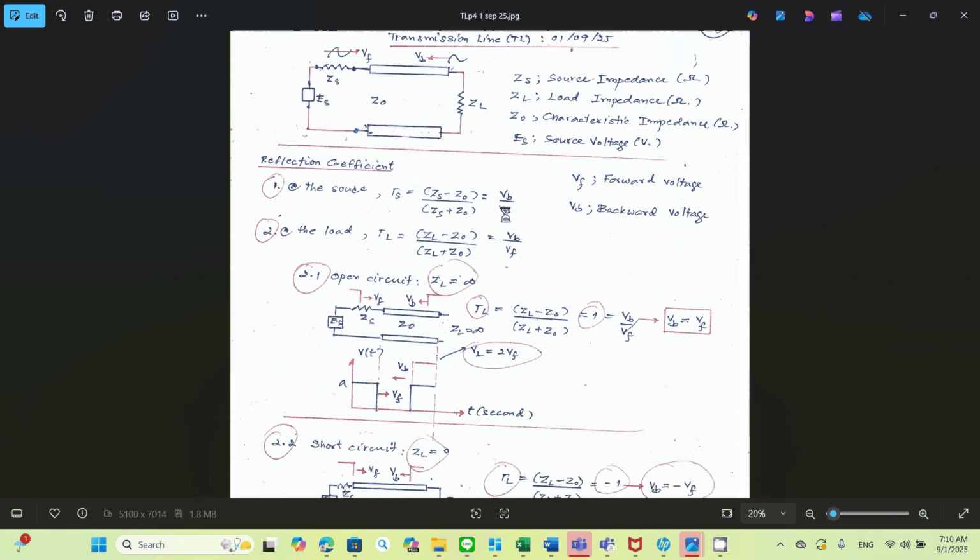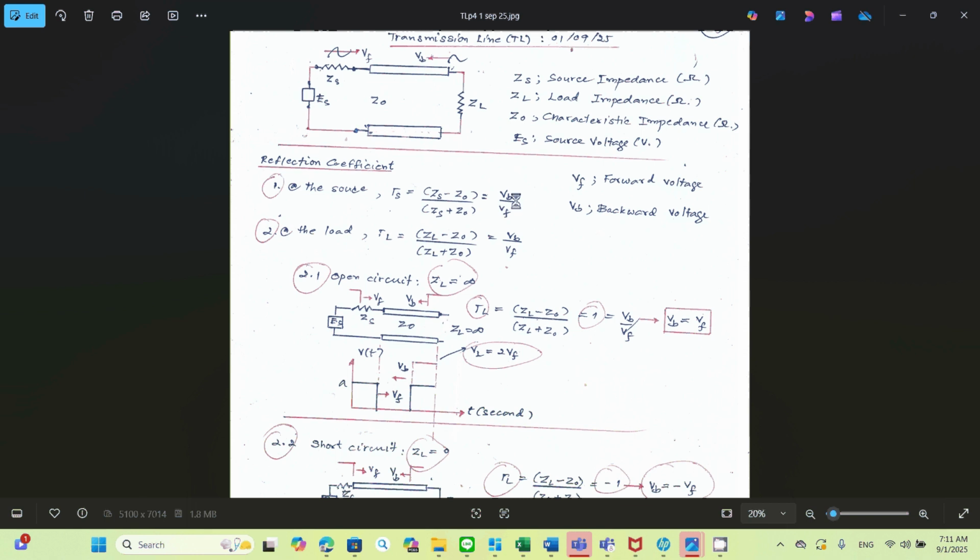What is Vf? Vf is the incoming signal from the source, or the forward voltage, and then at the load end it will reflect back. So Vb, b stands for backward.